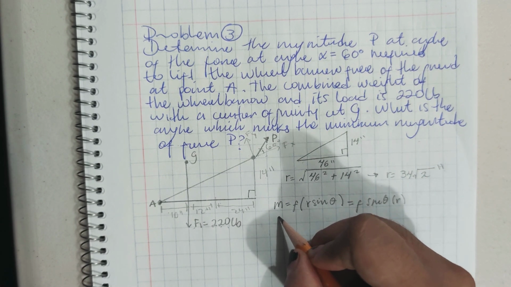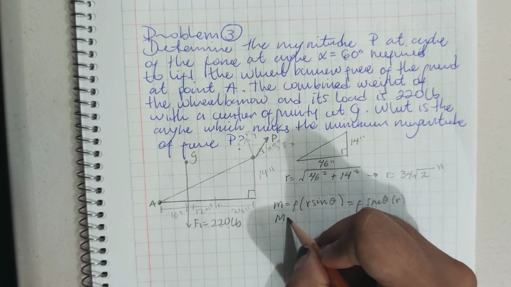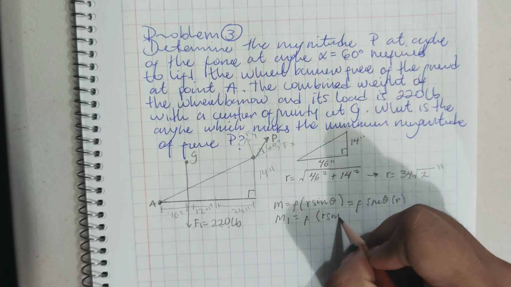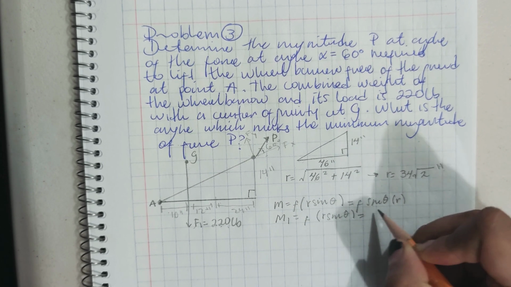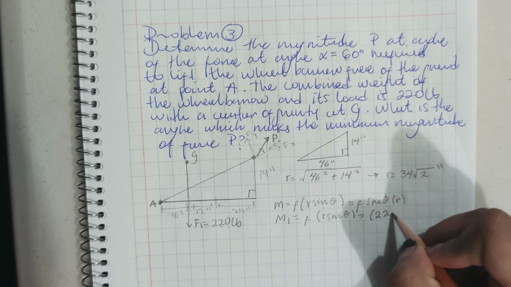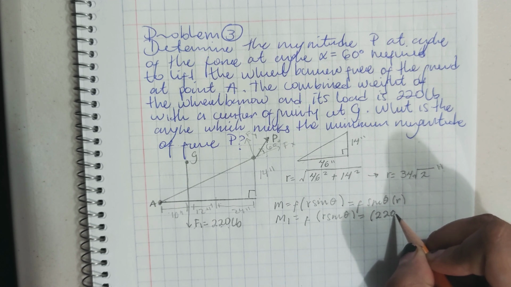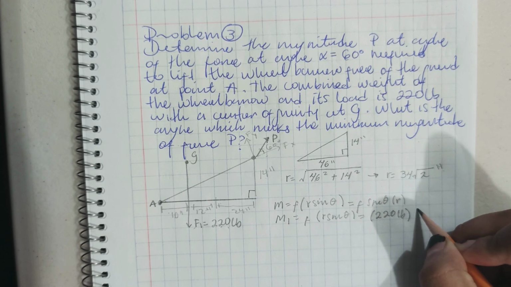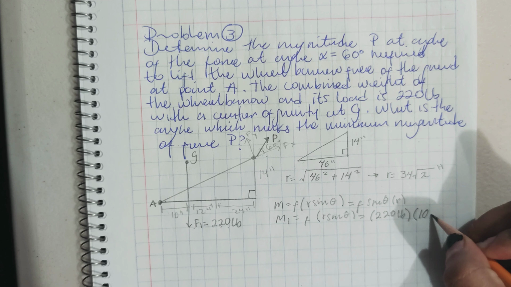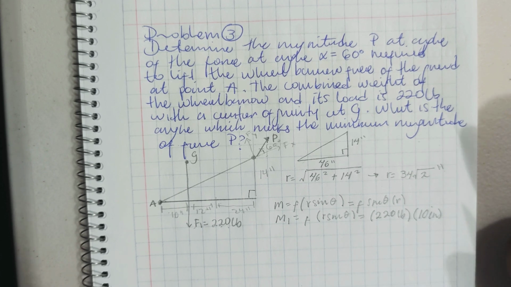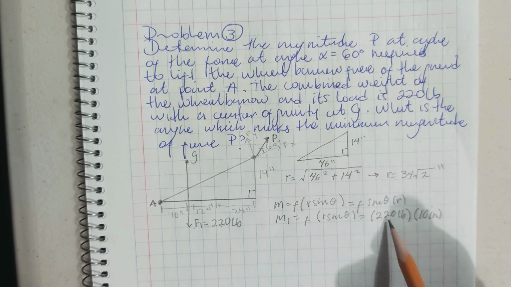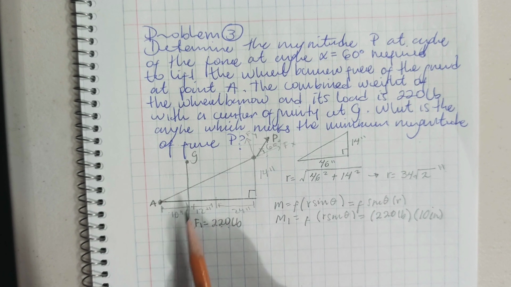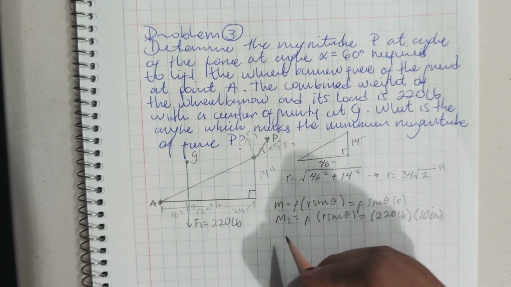Now, applying this, we have that M1 is equal to F times R sine of theta, equal to 220 pounds multiplied by 10 inches, because of the magnitude of the force and the distance between them.